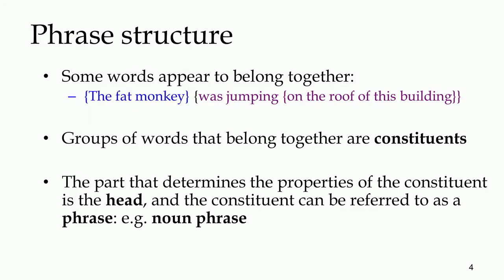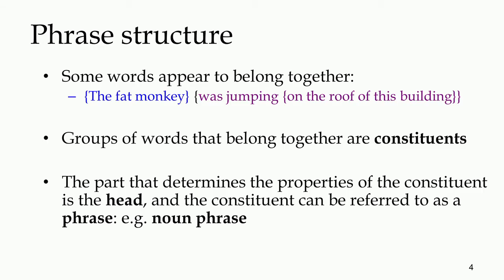So, again we take another example to make the point. The fat monkey was jumping on the roof of this building, on the roof of this building. In all these phrases, elements together seem to be forming groups.